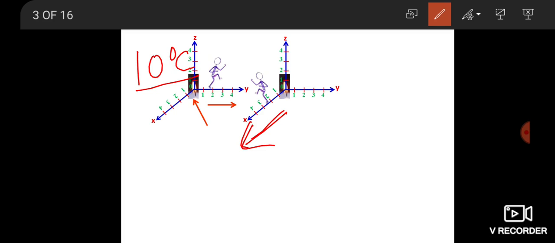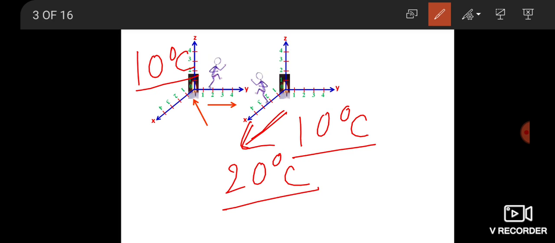Here also there will be a 10 degrees centigrade temperature change? The rate of change of temperature may be the same or may not be. For our present case, let us consider the rate of change is 20 degrees centigrade. That is, for 1 meter of travel along the x-axis, there is a decrease in temperature of 20 degrees centigrade.